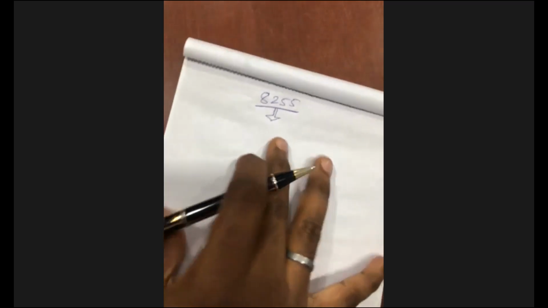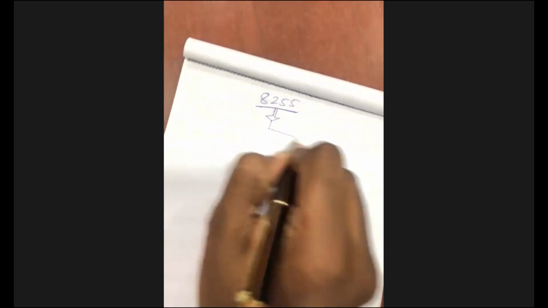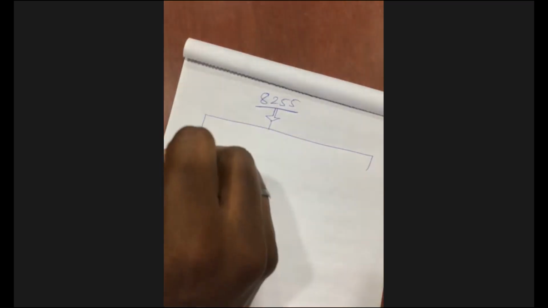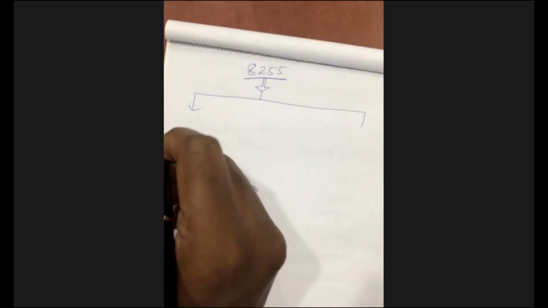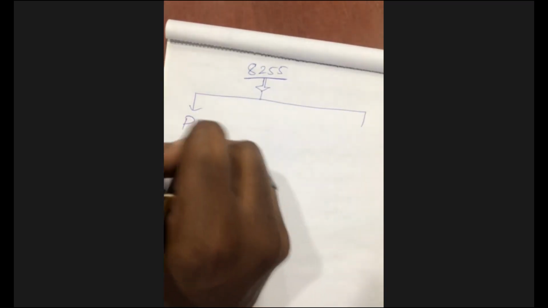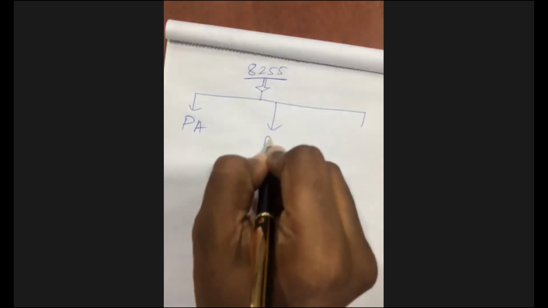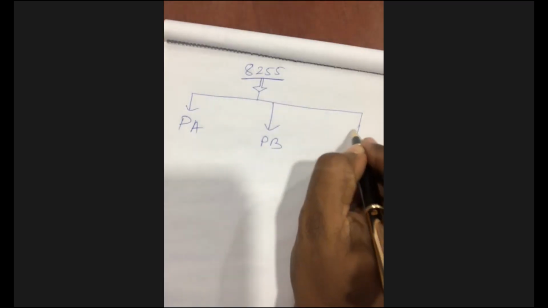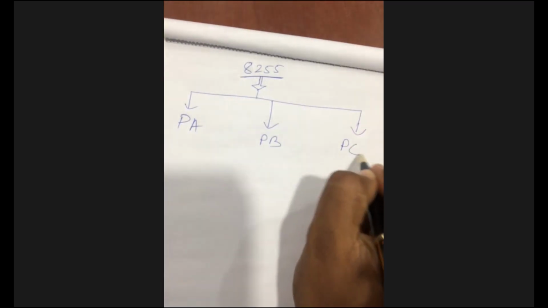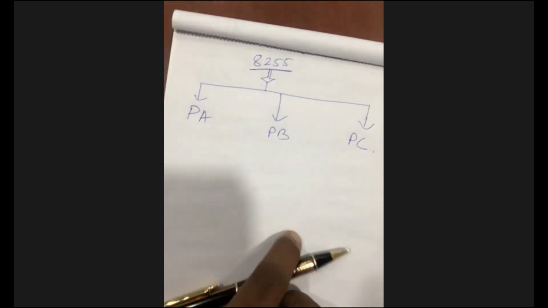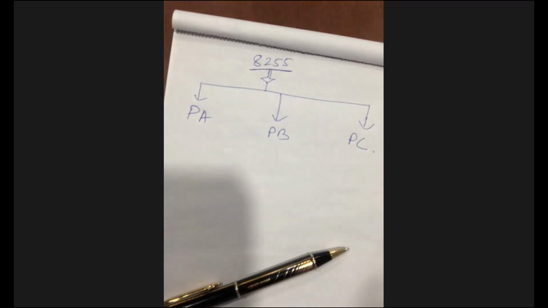Whatever hands are there in the 8255 are described today. In the 8255, there are three hands. Remember, one is called PA, full form port A, another is called PB, another is called PC. In our hand, how many fingers are there? Five.